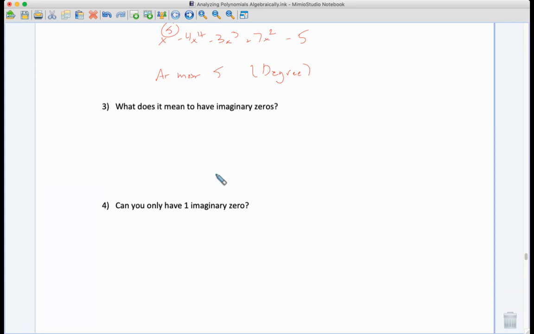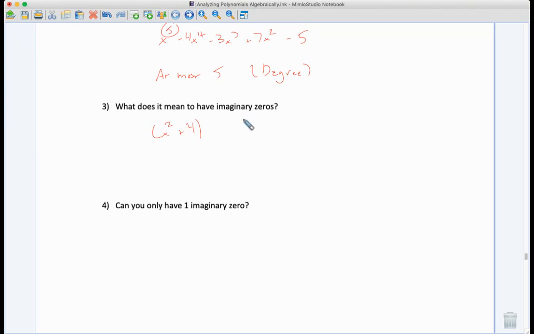Now, if we throw it into the quadratic formula and we end up with a negative number underneath the radical, that means we end up with what are referred to as imaginary zeros. So if I have something like, I don't know, x squared plus 4, I can't factor this. If I try throwing it into the quadratic formula, I'll find that I end up with a negative number underneath the radical. And so therefore, I would have what are referred to as imaginary zeros.